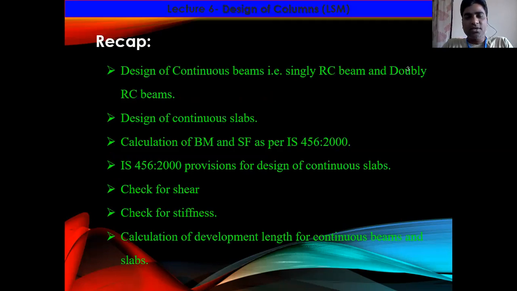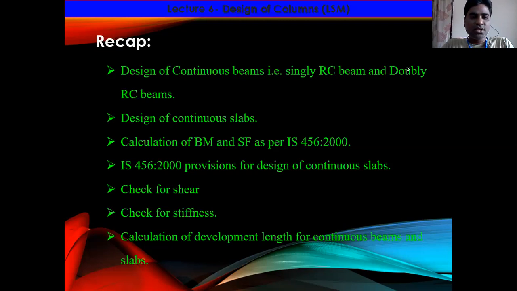We saw the procedure for design of continuous beams as per the method of coefficients proposed by IS 456-2000. We solved two or three problems for better understanding, and we saw the codal provisions while designing continuous beams.